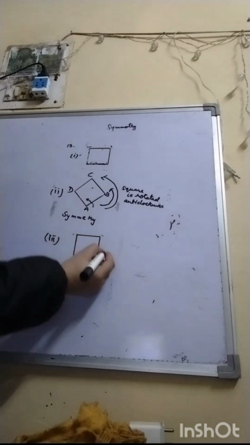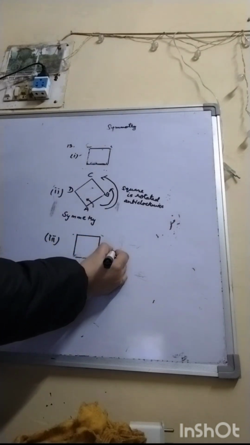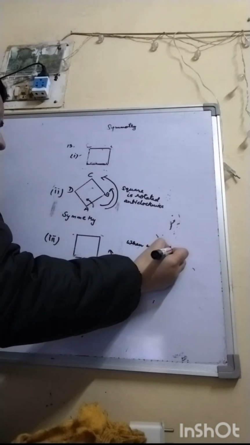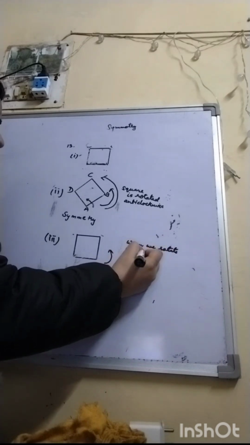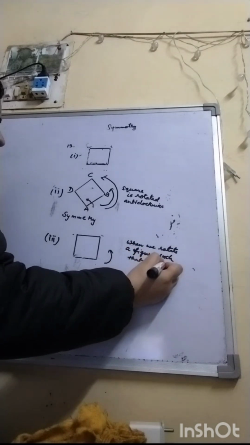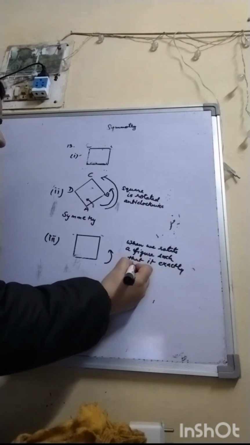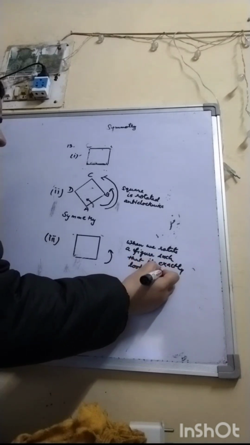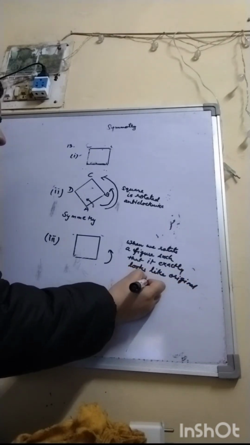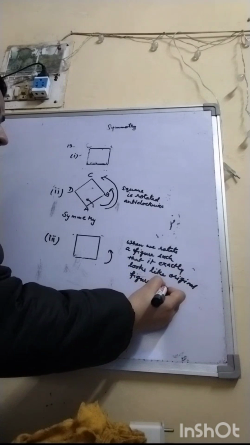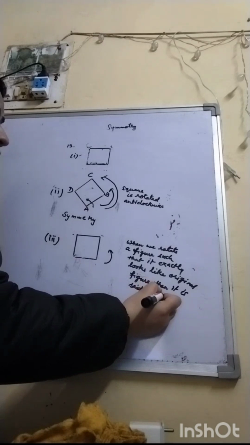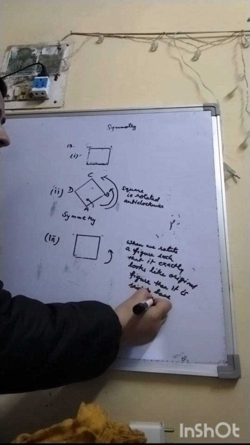So that means when we rotate a figure to a certain angle such that it exactly looks like the original figure, then it is said to have rotational symmetry.